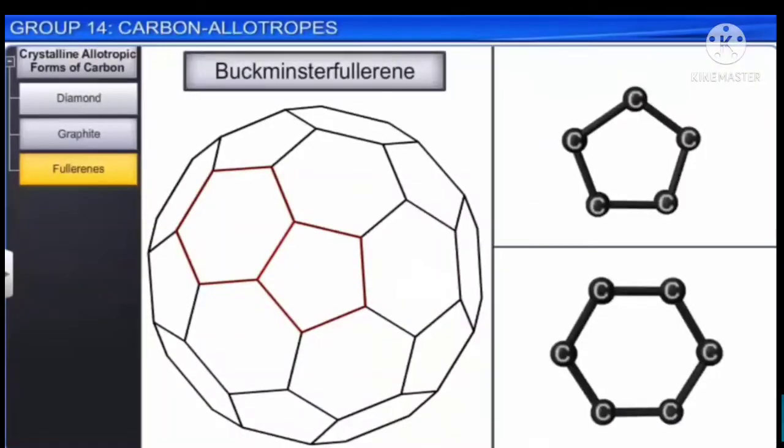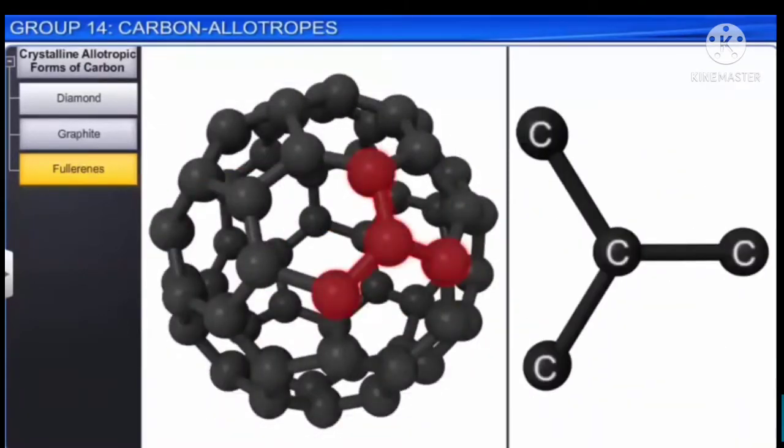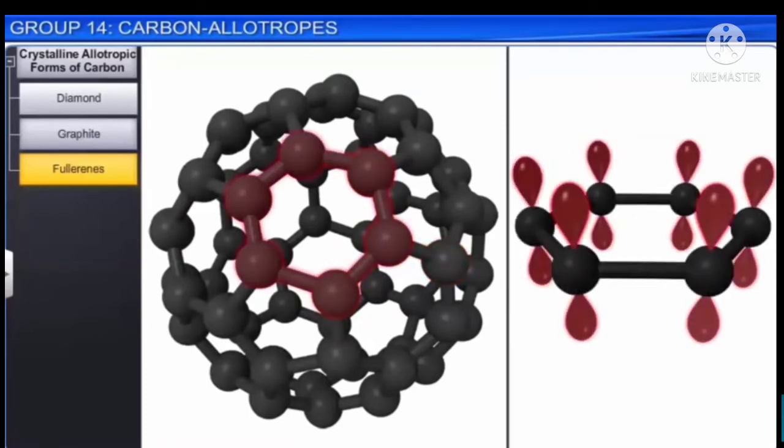All the carbons in the Buckminsterfullerene molecule are sp2 hybridized. Each carbon atom forms 3 sigma bonds with its 3 neighboring atoms. The remaining electron in each unhybridized p orbital of carbon is delocalized in molecular orbitals, giving the aromatic character to the molecule.